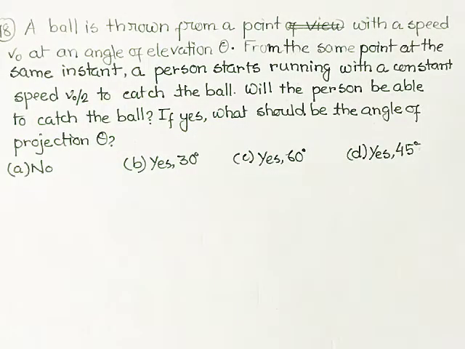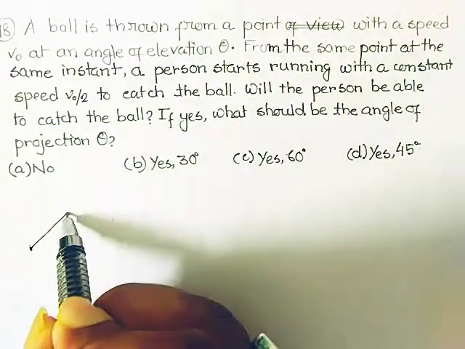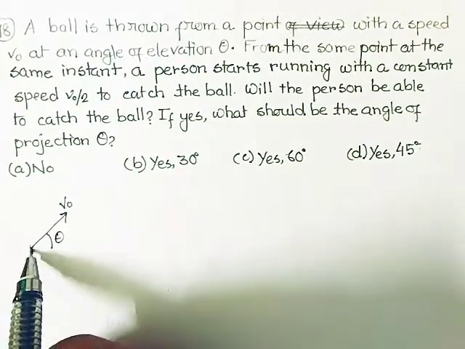A ball is thrown from a point with a speed v0 at an angle of elevation theta. From the same point at the same instant, a person starts running with a constant speed v0 by 2 to catch the ball. Will the person be able to catch the ball?